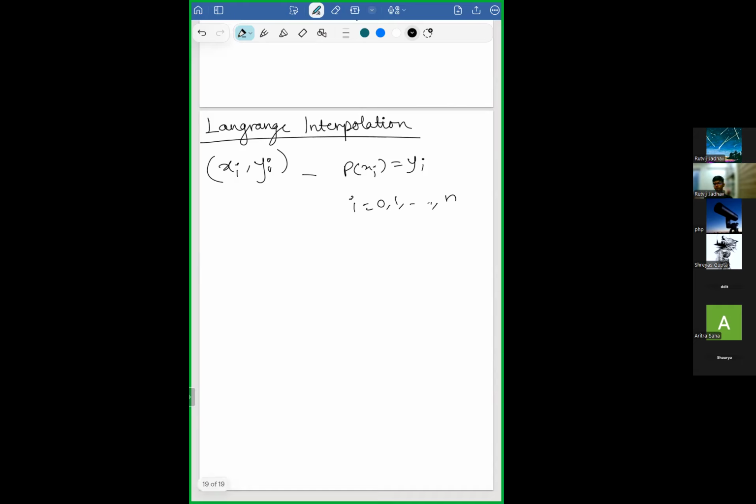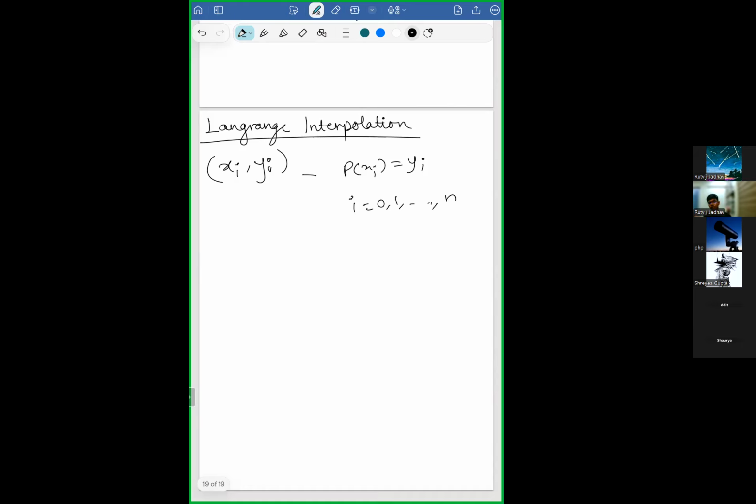If we have n plus 1 such values, given that the degree of p is n, then we can uniquely figure out what polynomial p is. There is exactly one unique polynomial which can pass through n plus 1 such points.